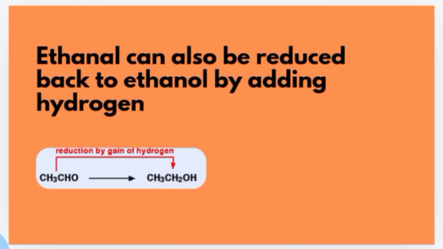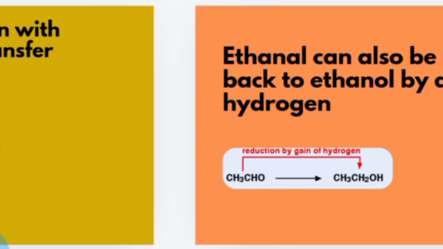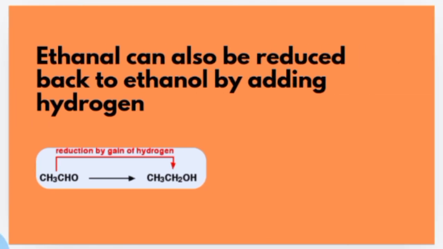In the next slide, you can see ethanal can be reduced back to ethanol by adding hydrogen. Here hydrogen is added and it has been reduced back to ethanol. So here you can see how oxidation is the loss of hydrogen and reduction is the gain of hydrogen. I hope it's very clear to every one of you.